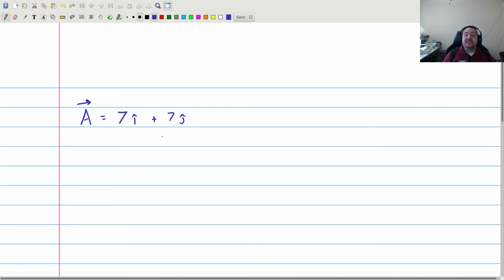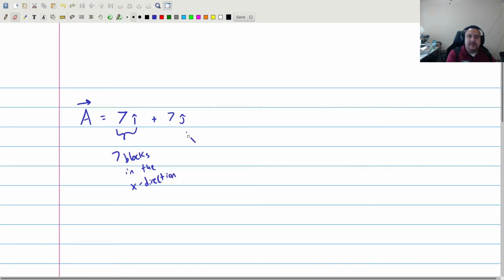So mathematically, this is a Cartesian way of expressing that vector. This part says 7 blocks in the x direction. If I could write here.